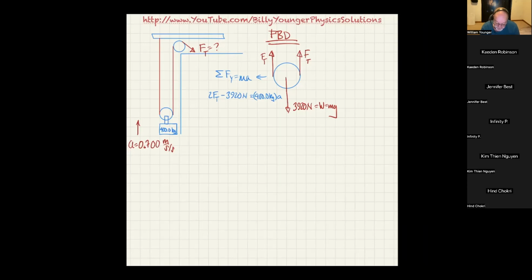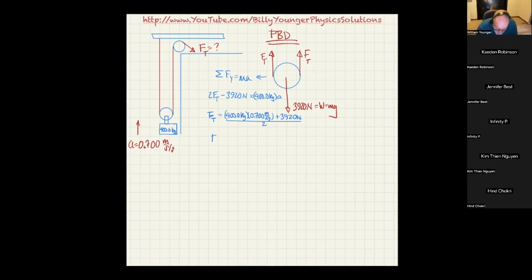Well, we do know the acceleration, so we can go ahead and say that Ft is going to be equal to 400.0 kilograms times 0.700 meters per second squared plus 3,920 newtons. And then I've got to divide all that by 2 because the 2 was there before.